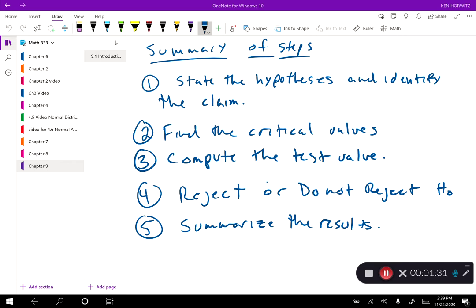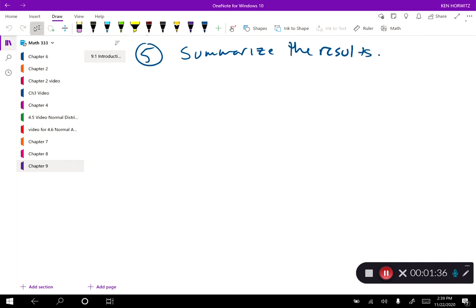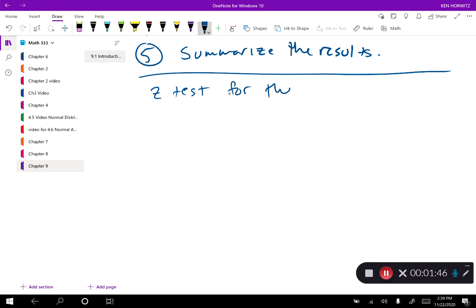All right. So let's continue from here. In this section, we're going to focus on the Z test for the mean. And now let's remember our Z formula.